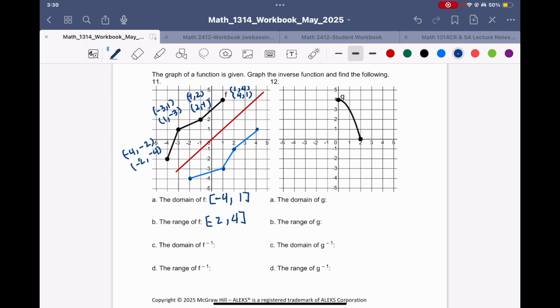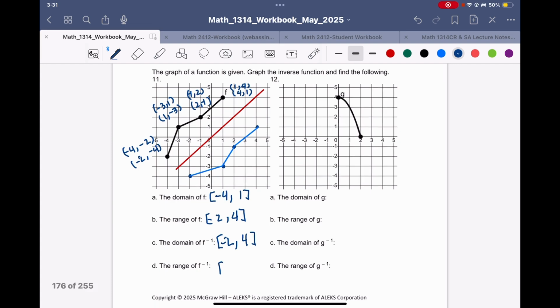The domain, you just switch them. And then you switch domain and range. So the domain of the inverse, which is in blue, is going to be negative 2 comma 4. The range of the inverse is going to be negative 4 comma 1.